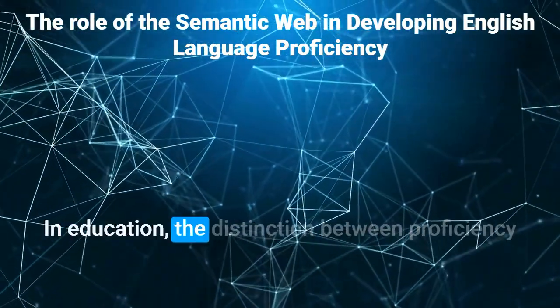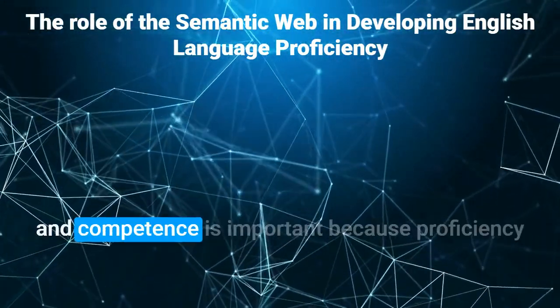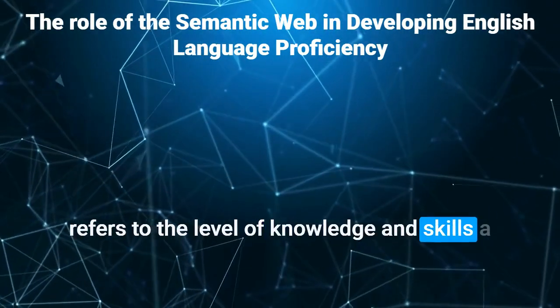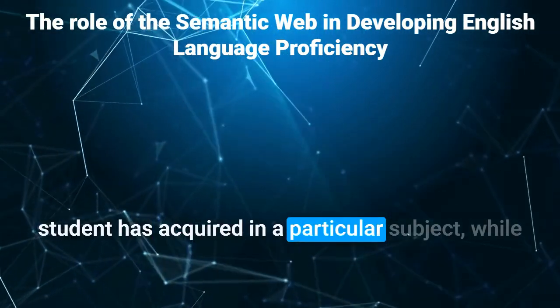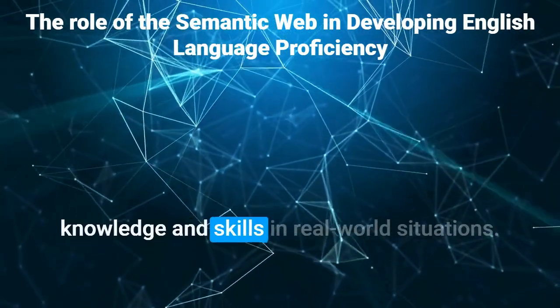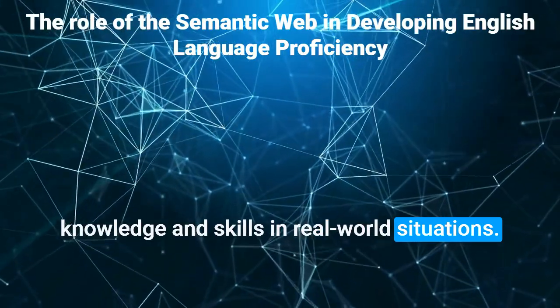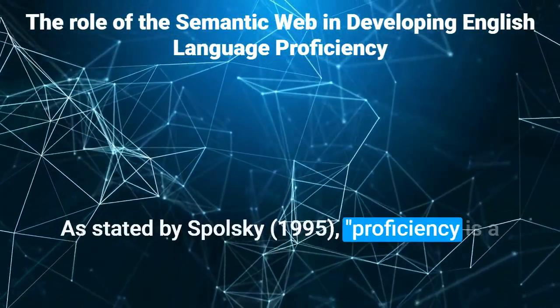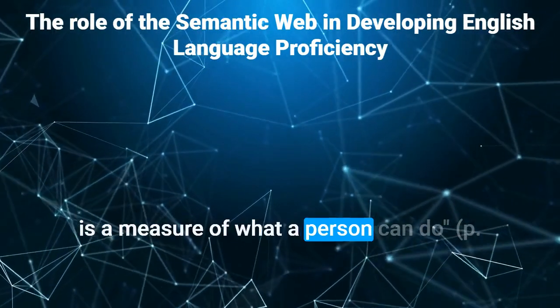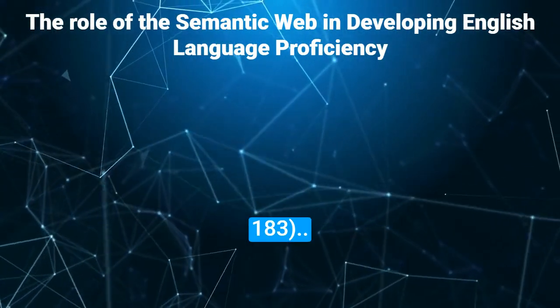In education, the distinction between proficiency and competence is important because proficiency refers to the level of knowledge and skills a student has acquired in a particular subject, while competence refers to the ability to apply that knowledge and skills in real-world situations. As stated by Spolsky, proficiency is a measure of what a person knows, and competence is a measure of what a person can do, p. 183.